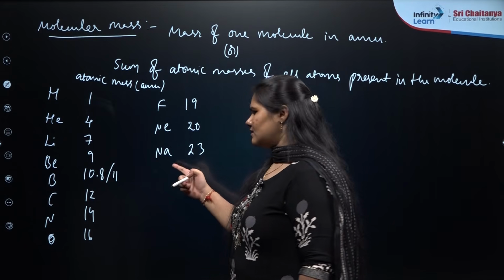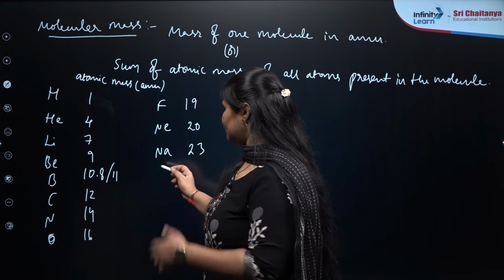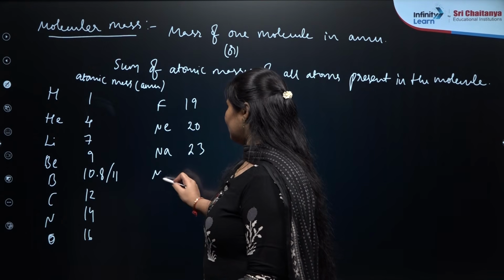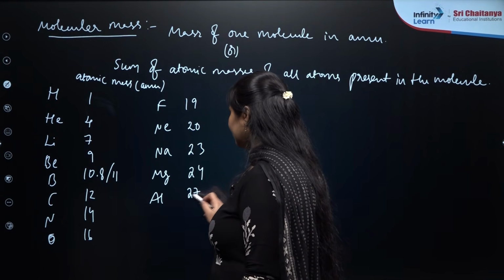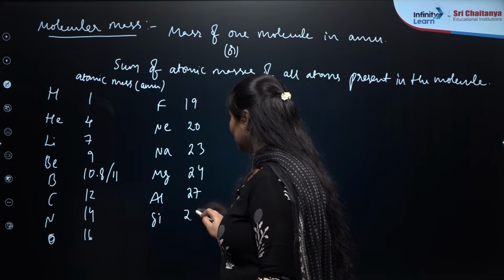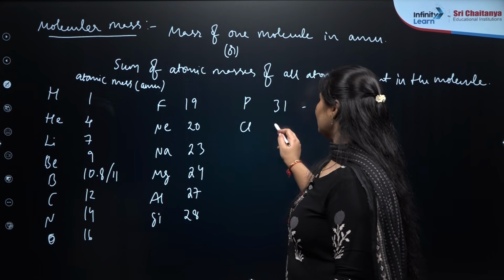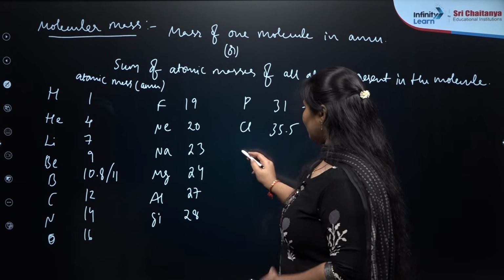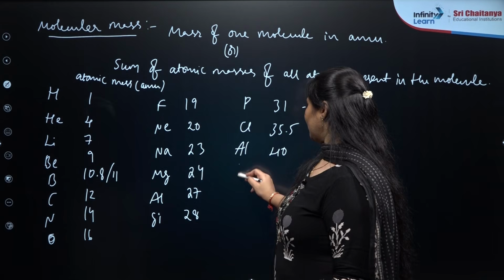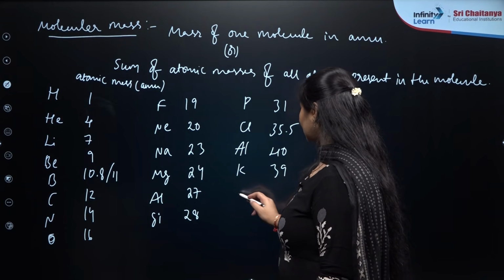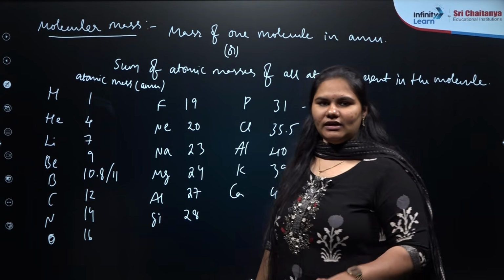We'll learn why it is given as Na, because of its Latin name. That's what we will discuss in periodic table. And then magnesium, 24, aluminium, 27, and then silicon, 28, phosphorus, 31, and then chlorine, 35.5, and then we have argon, 40, potassium, 39, and then calcium, 40. These are the 1 to 20 elements.